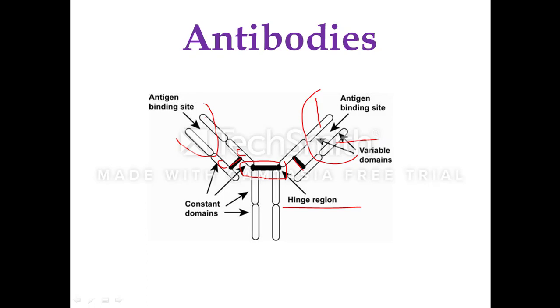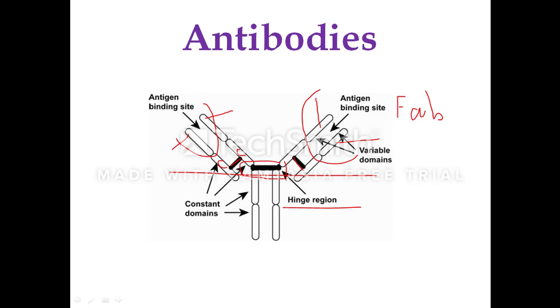So here also you'll find the variable region of the heavy chain and the variable region of the light chain. This region after proteolytic cleavage, which will interact with the antigen, is called the fragment of antigen binding.